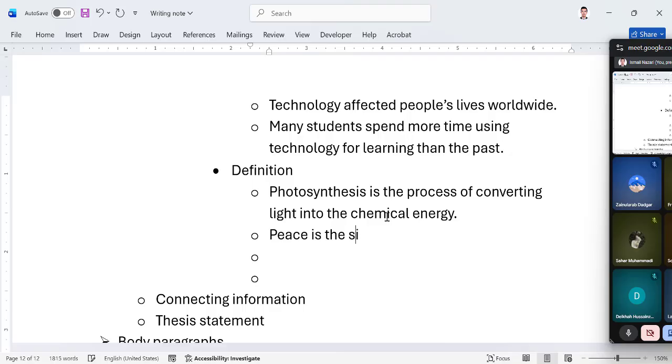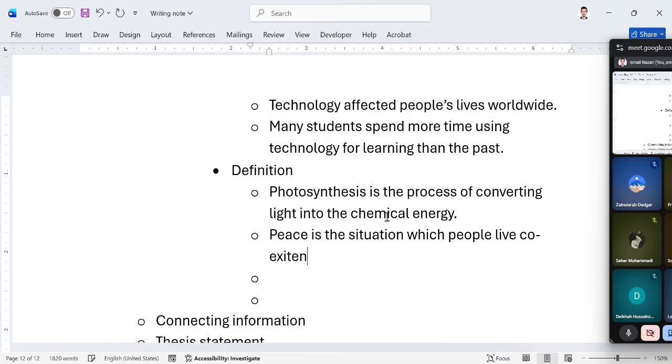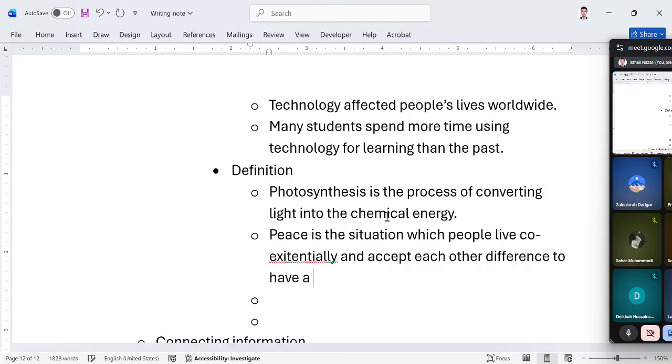Peace is the situation in which people live coexistentially and accept each other's difference to have a calm and peaceful life.